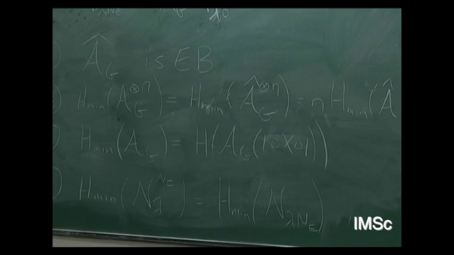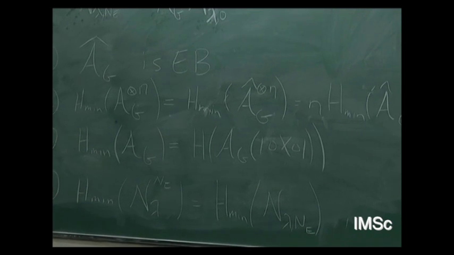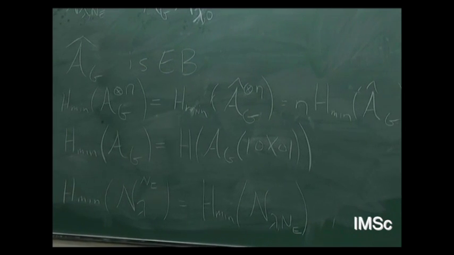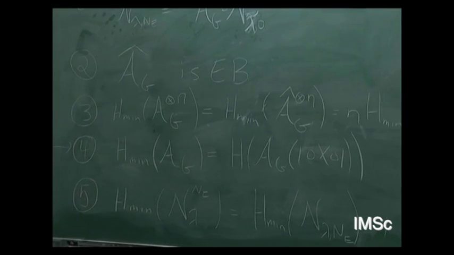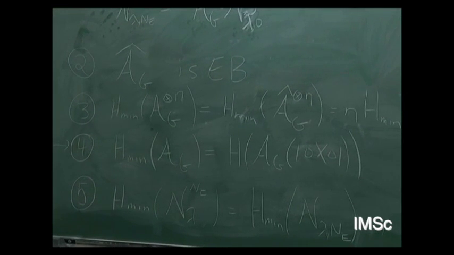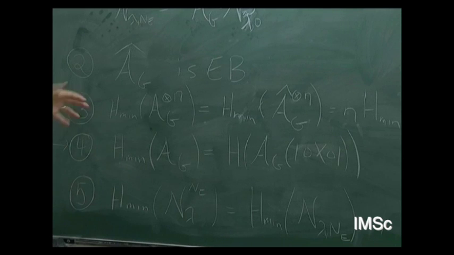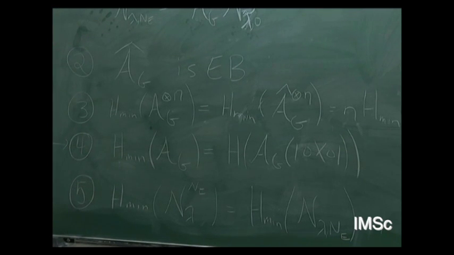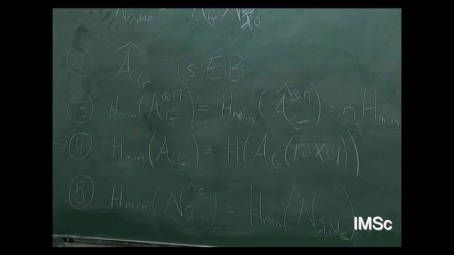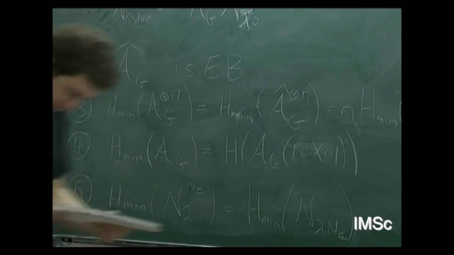Okay, and then you can use this to get the classical capacity, the minimum output entropy also of the classical noise channel, because it's just the limit of these thermal noise channels. So then we're done.